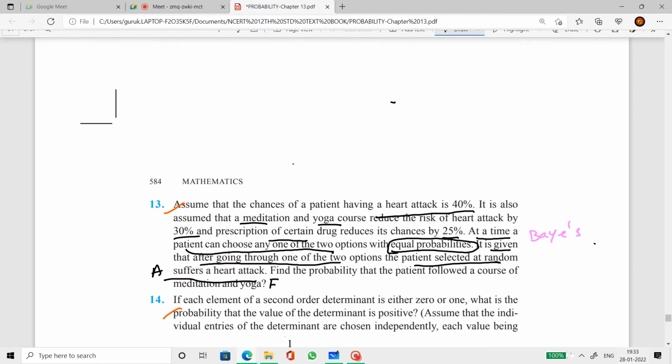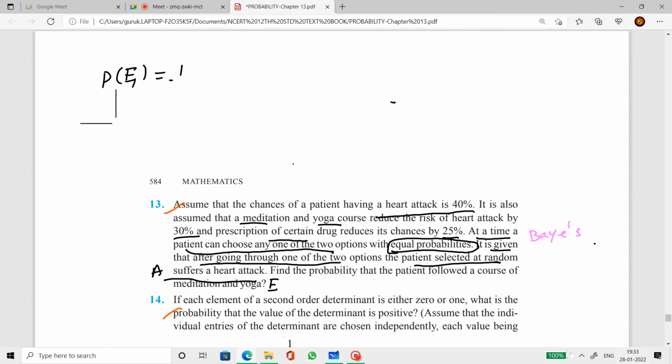So this is E. E1 is practicing yoga and meditation, or going for this option, is 1 by 2 because of equal chances. The other one is also 1 by 2. A is suffers heart attack.